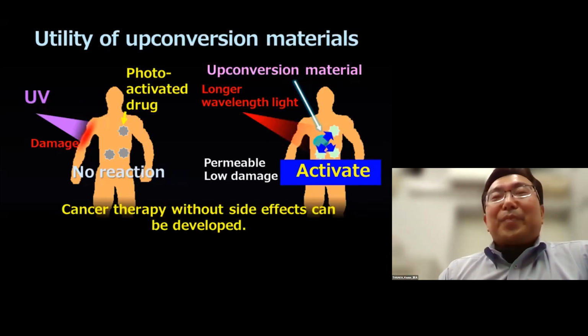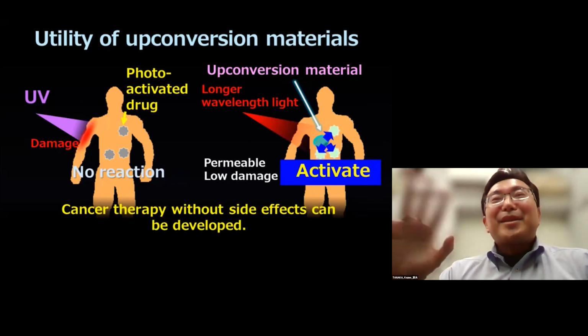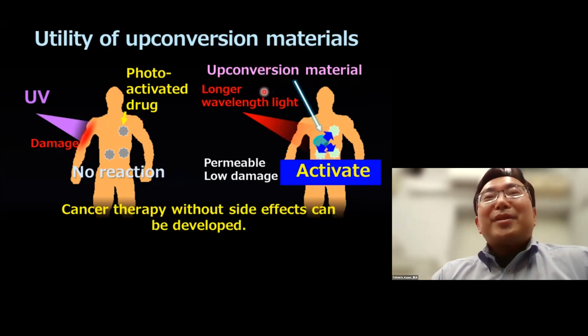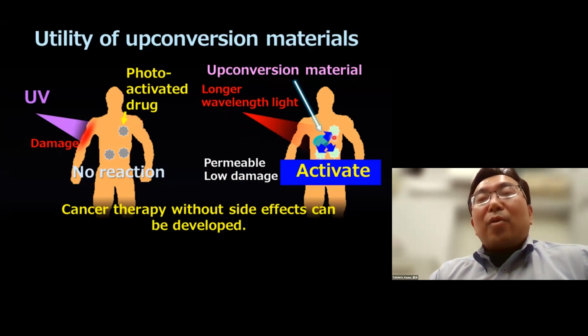So if we can have an up conversion material which can generate higher energy light by lower energy light irradiation, at this stage it is an imaginary material. If we add this up conversion material together with photoactivation drugs, we can use longer wavelength light, which has lower energy but higher permeability in our body. Therefore, we can deliver the light energy to the deep spot inside our body.